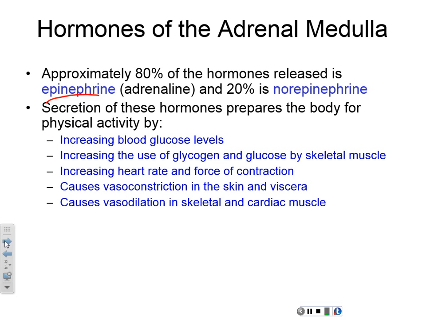So it does that. So vasoconstriction in organs that are not really necessary at that time, like in the skin, so that blood goes to the muscles. It doesn't go to the skin. It doesn't go to the digestive system. This was in your module too. It was asking about the action of the epinephrine, and then it will give you a whole list of stuff. Okay, so that's what it does.